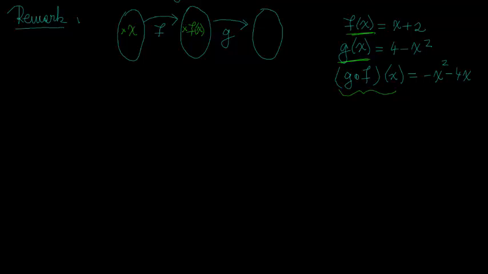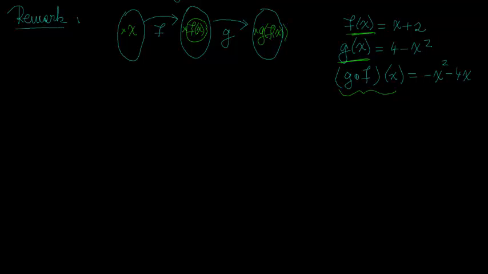Now what we're going to do in a second step is we're going to act with the function g. Now we're not going to restart the process, we're here at f of x, and now I want g to act on this point to take it to its corresponding y value under the action of the rule of g. Well, if that point over there was 2, 2 would be mapped to g of 2, so in this case what I get is g of f of x.